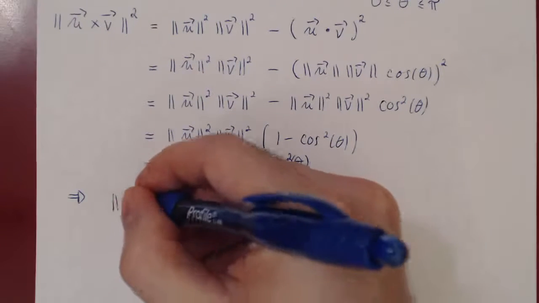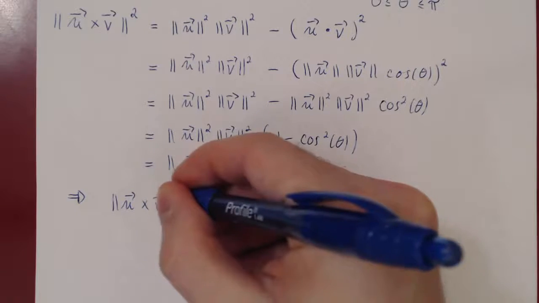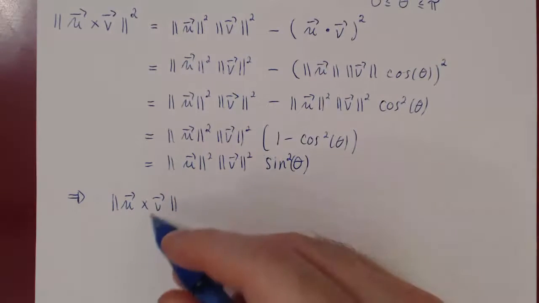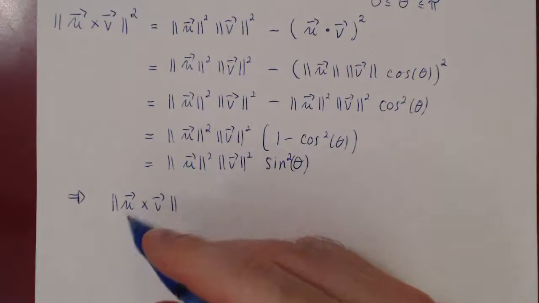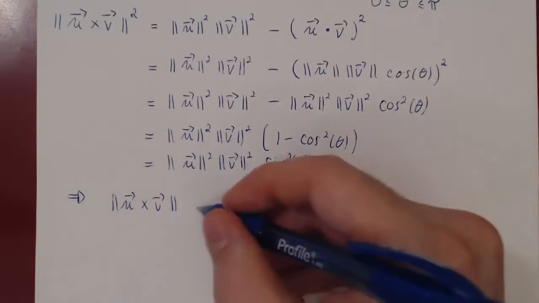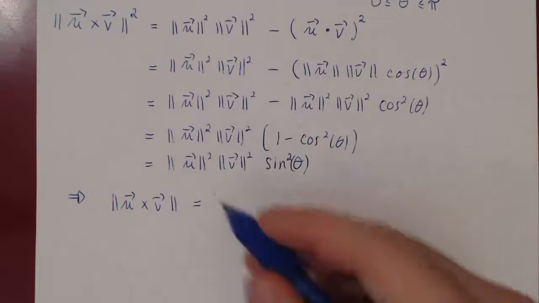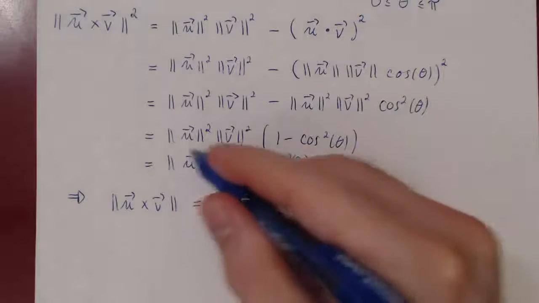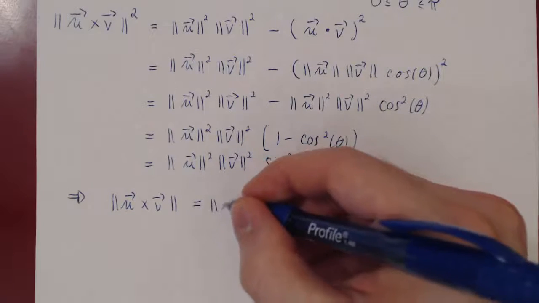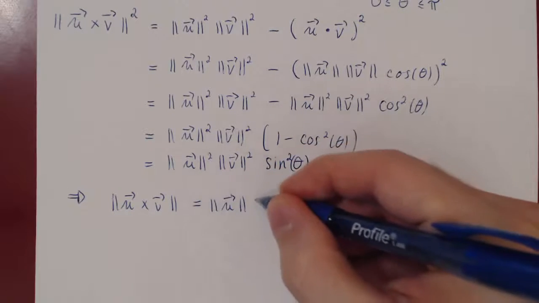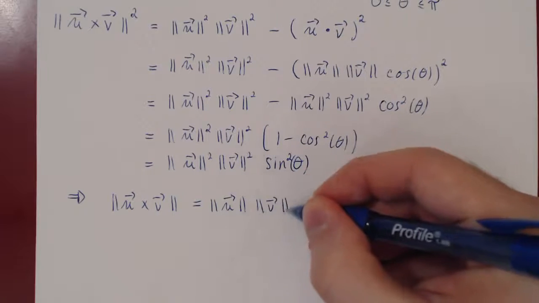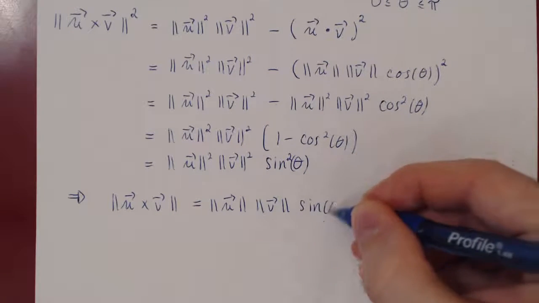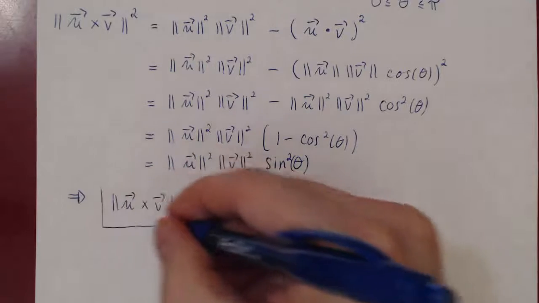The norm of u cross v: we know that u cross v is a vector that is perpendicular to both u and v, but the length of this vector is the length of u times the length of v times the sine of the angle between u and v.